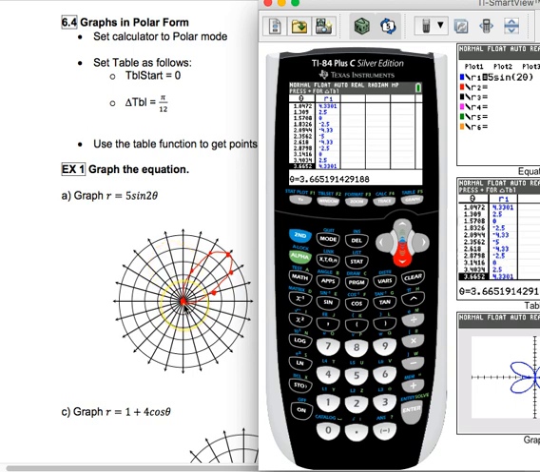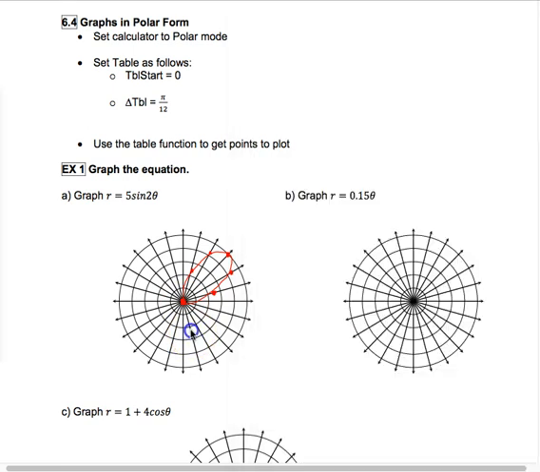So I go here and I go to the 2.5. And then the 4.3, the 5, 4.3 again, 2.5 again, and that gives me this petal.